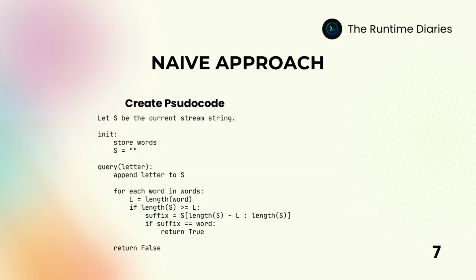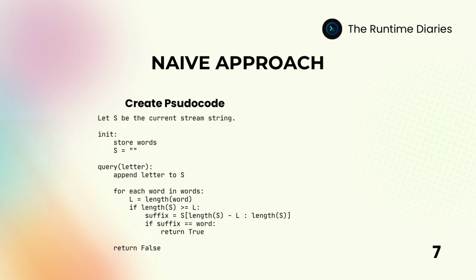Let's write out the naive strategy in simple pseudocode so we can see exactly what's happening. Keep a string S that stores the full stream. When we initialize, store the dictionary, set S equals empty string.